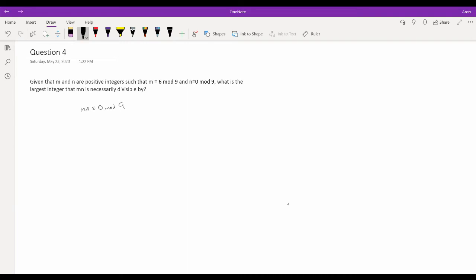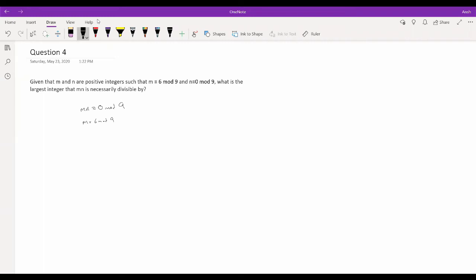So let's take a step back. Before we multiply them together, let's look at each term individually. So let's look at m. m is 6 mod 9, right? So what's the largest number that necessarily divides m? Well, that's the same as saying, what is the largest modulus such that m mod that modulus is 0?